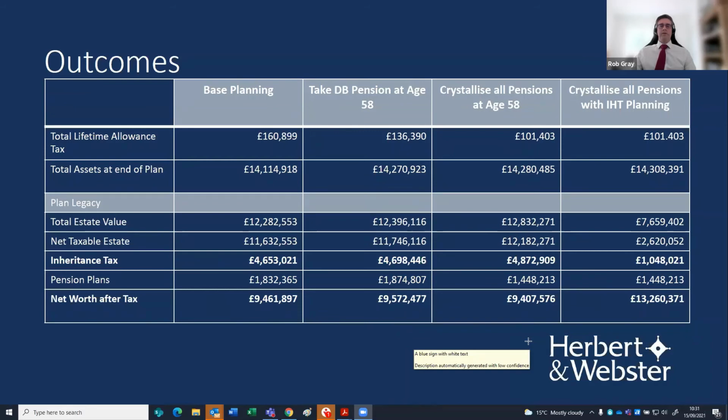So when we're doing the financial planning with clients, rather than just focusing on the one area that they want to look at, to be able to give them the correct answers, what we want to do is look at the full picture. In this case, this was the work we did for the client. We've certainly shown him what he can do from an inheritance tax planning point of view.